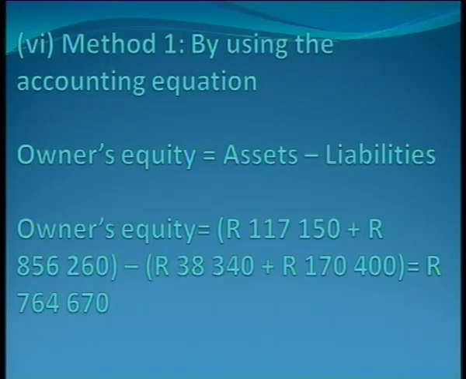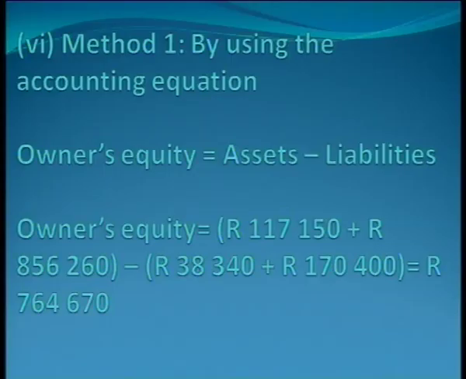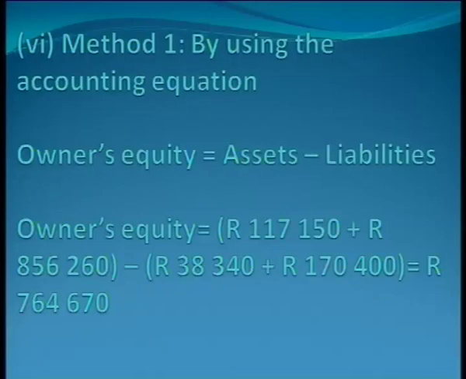That's the total for our assets, because the assets include your current assets and your non-current assets, less your liabilities. Your liabilities in this case include your current liabilities plus your non-current liabilities, and we have calculated this in the previous slides. 38,340 plus 170,400 is your total liabilities. That gives you a total amount of 764,670, which is your owner's equity.